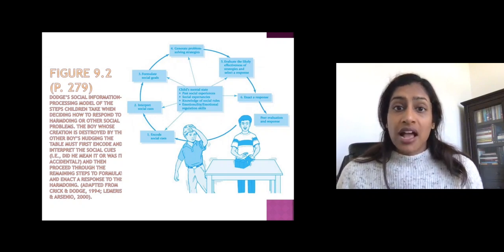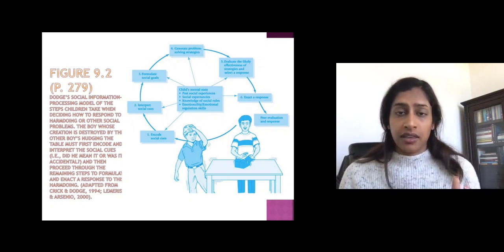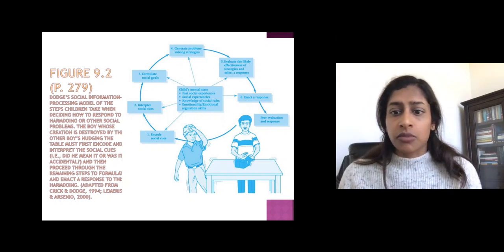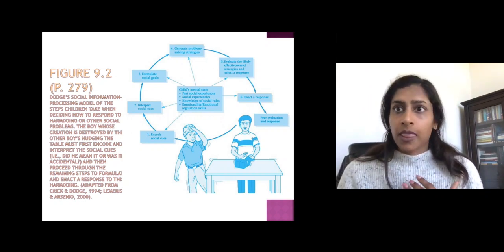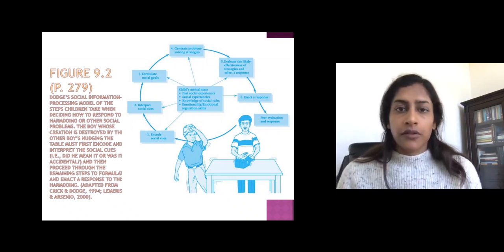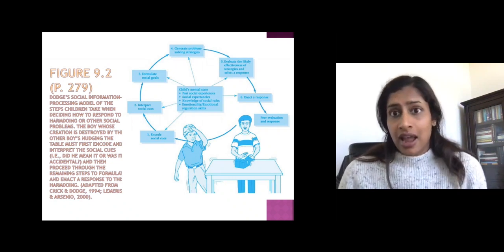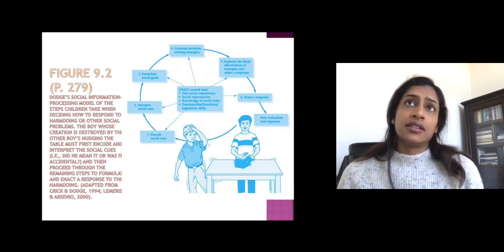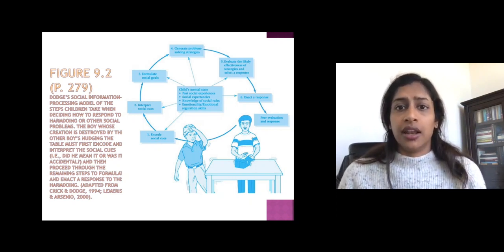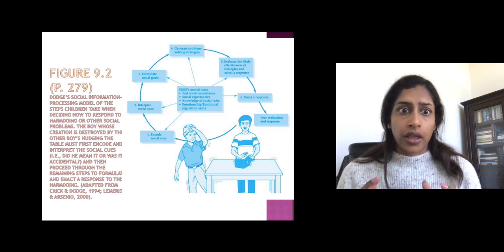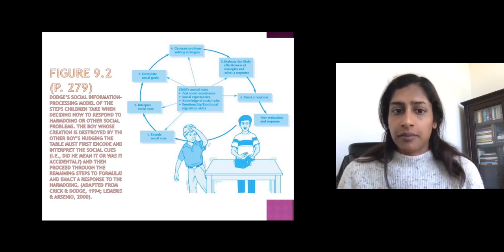So you have to quickly take a look at what's taking place. You're assessing the damage, and simultaneously you're trying to process the information from this incident. Did this peer of yours do it on purpose? Did they not? And we're making this decision, according to Kenneth Dodge, in a rather quick turnaround time, right?